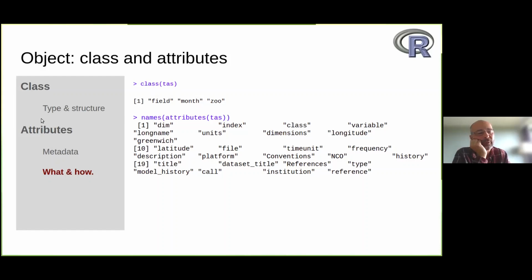And then we have attributes of this data object. So these are attributes, and this is the metadata. It has how many dimensions it has, like index, that's the time it represents, but also class, and what variable, long name, units, and longitudes and latitudes and so on. And this helps the code or the functions know what to do with the data, when it comes to making the maps or the plots or doing the analysis.